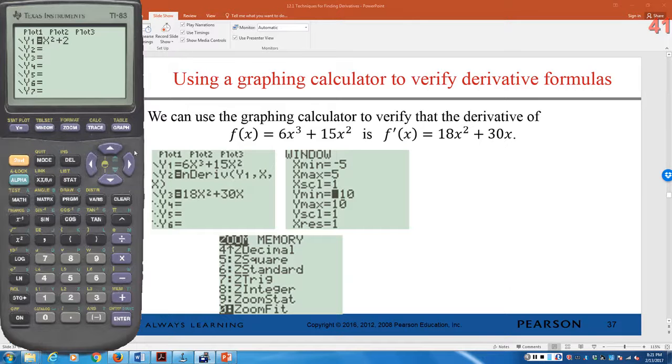This actually turns out to be really handy, especially if it's a really ugly expression. And then go down, and the way you get this in deriv is you press your math key and go down to number 8.